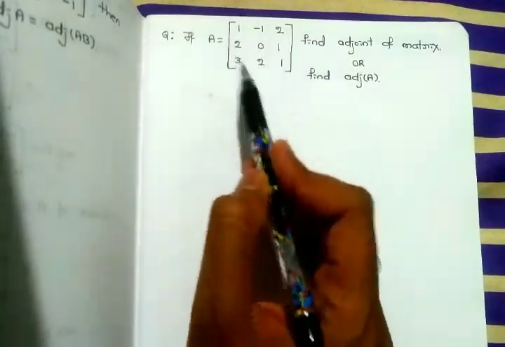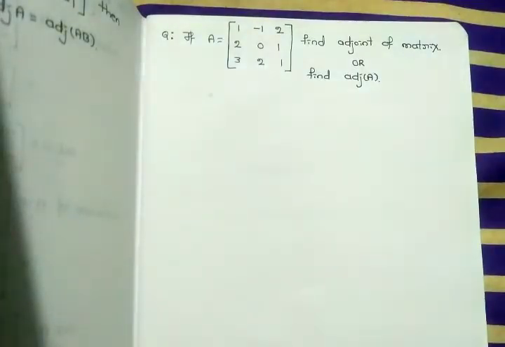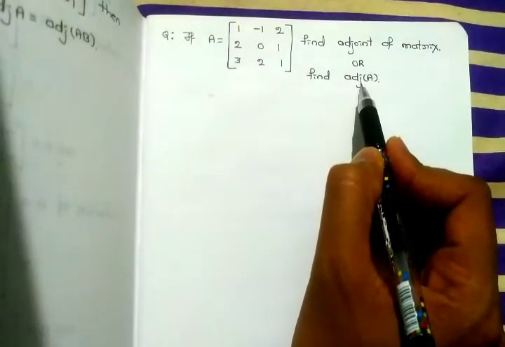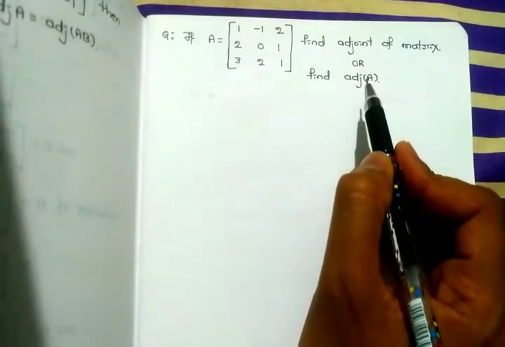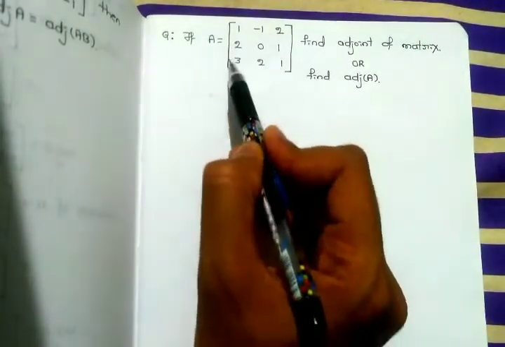So we need to apply the third order sign rule here first. To find the adjoint of A, first we need to find the cofactor matrix. Cofactor for all 9 elements, we need to find out.